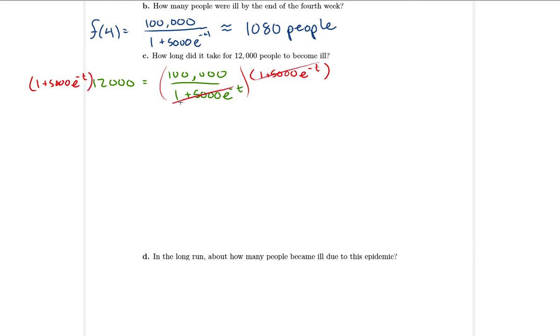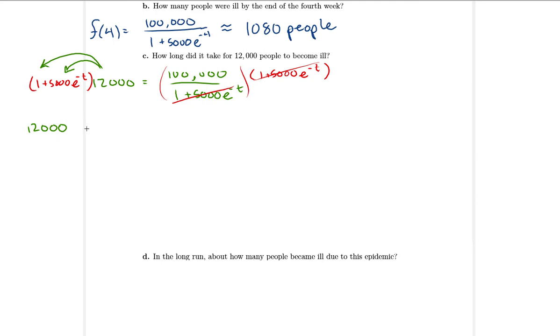And so we get that nice cancellation over there on the right side. And then our whole goal is to get that t isolated there, right? So we're going to distribute this to both terms. So 12,000, get that t untrapped from inside the parentheses. And then 12,000 times 5,000, that's going to end up being 60 million.